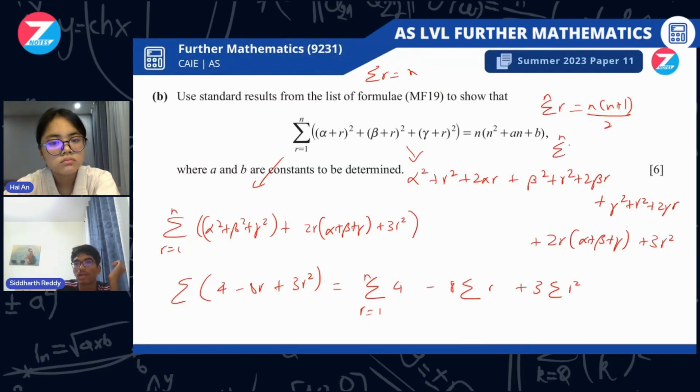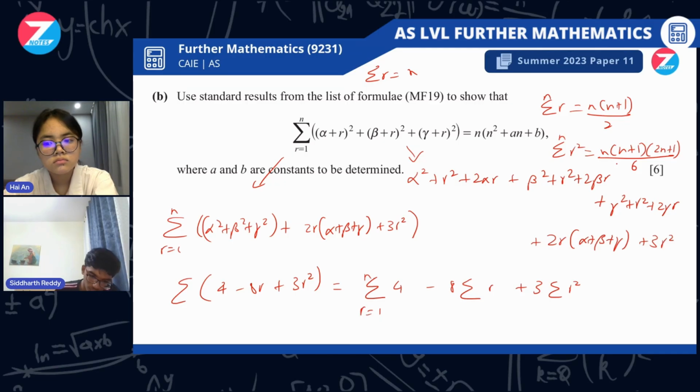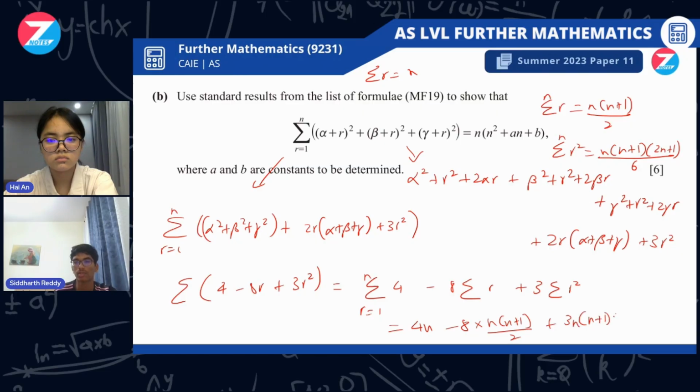And the sum to n of r square is equal to n into n plus 1 into 2n plus 1 by 6. So this is just going to be equal to 4n minus 8 into n plus 1 by 2 plus 3 into n into n plus 1 into 2n plus 1 divided by 6.